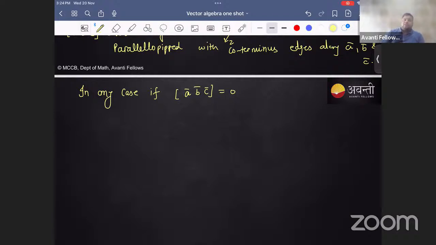That means this parallelepiped does not exist, meaning its volume is 0. So if the parallelepiped does not exist, what does that mean?